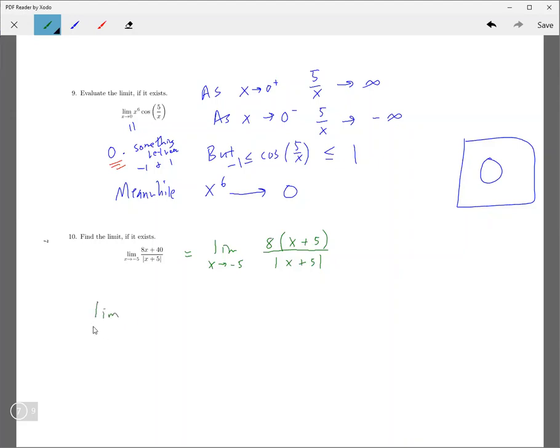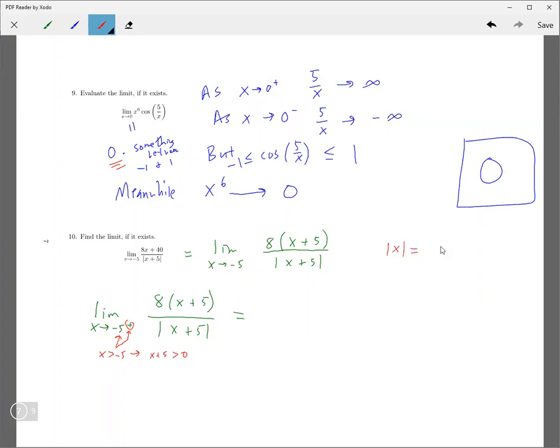If you take the limit as x approaches -5 from the right, that means you're going through values that are greater than -5, and that means that x plus 5 is greater than 0.